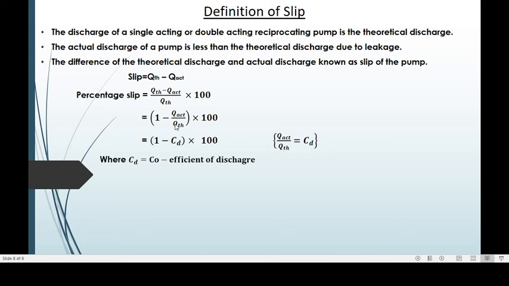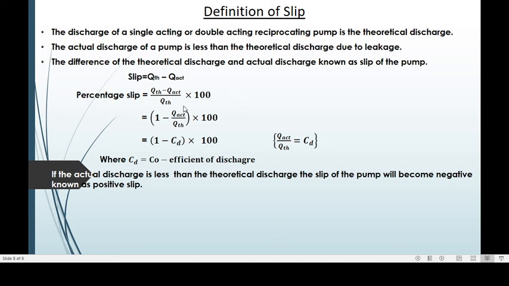Q actual divided by Q theoretical is CD, known as the coefficient of discharge. So the ratio of Q actual divided by Q theoretical is CD, and we can write percentage slip as (1 minus CD) into 100.